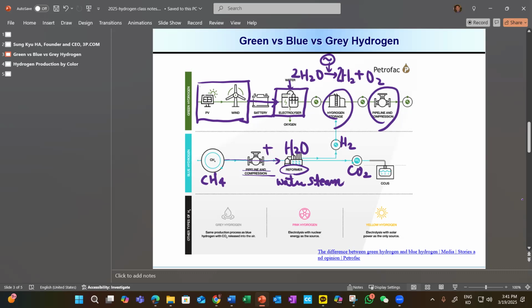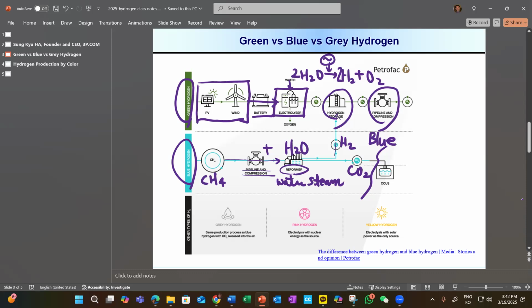So as you can see, if there is no capture, CCUS, carbon capture, utilization and storage system, if we don't capture them, this is called blue. This hydrogen is called blue. While this blue can be stored and added to this hydrogen, then can be distributed. So this green hydrogen or blue hydrogen can be combined. This is the conventional or current method of generating hydrogen gas.